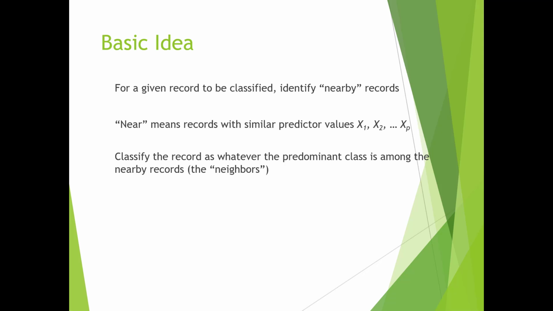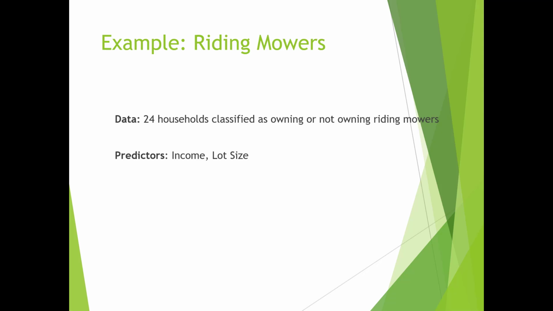So what is near? You have predictors x sub 1 through x sub p. You classify a record as whatever the predominant class is among its closest neighbors. Okay, so for example, take our riding lawnmower example.